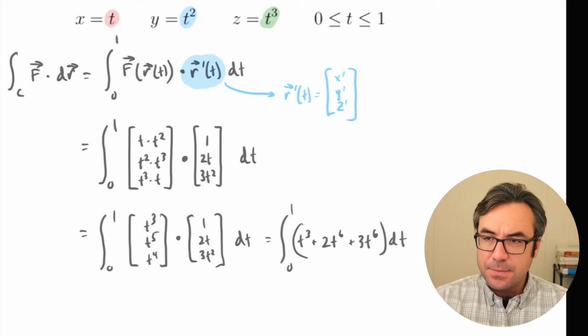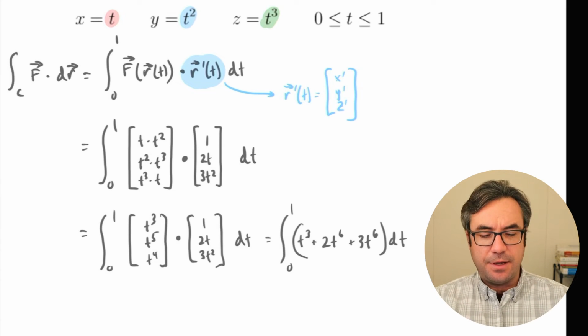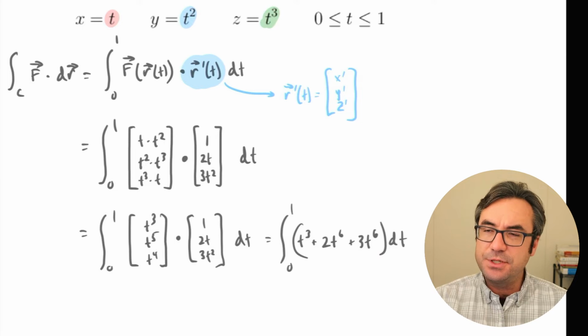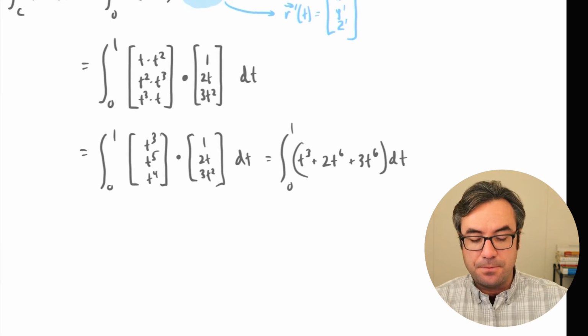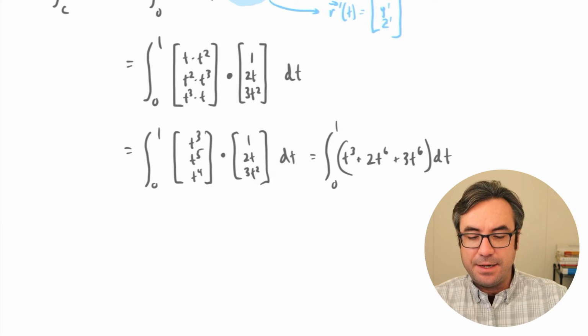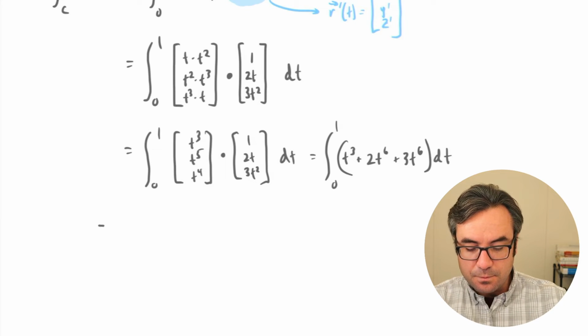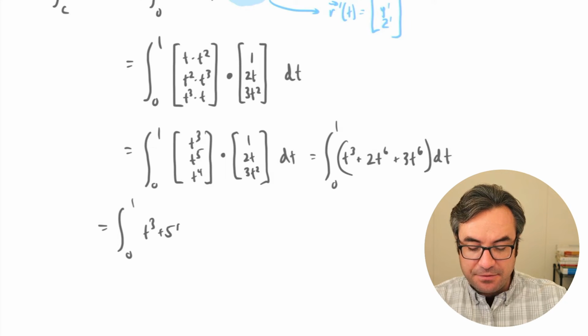All right, now this is just a regular definite integral. We can combine some terms here, simplify this down a little bit, and then do our integration. If we combine those terms, we end up with t cubed plus 5t to the power 6.